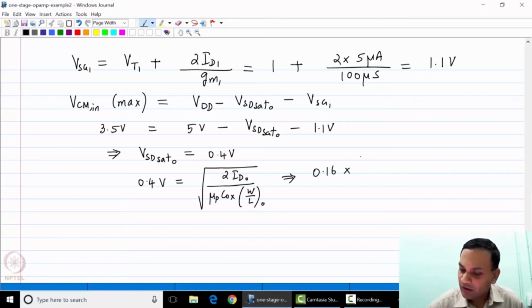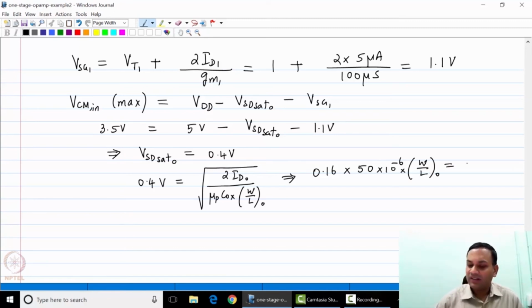So 0.16 into 50 into 10 power minus 6 into W over L of 0 is equal to 2 into 10 into 10 power minus 6, because the current through M0 is 10 microamps.